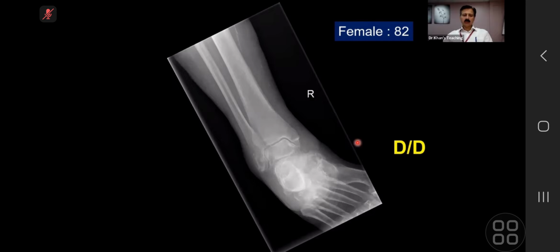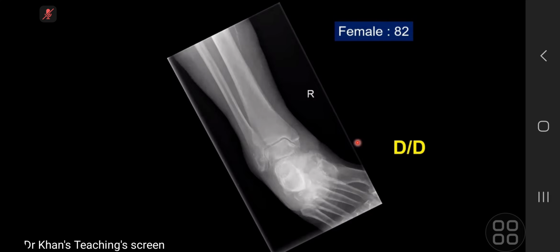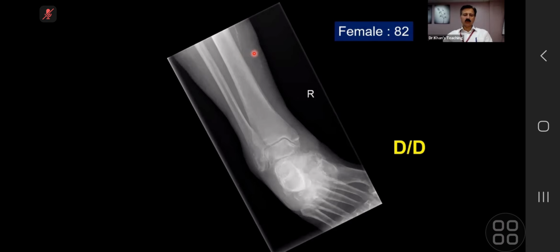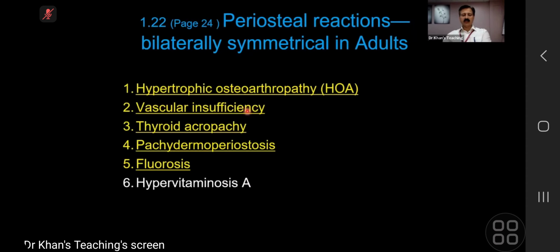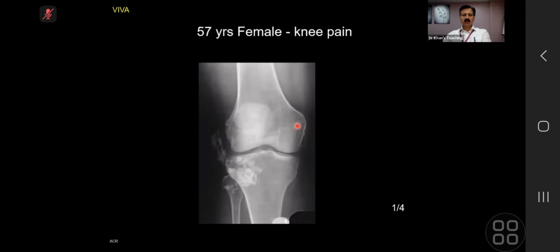So conclusion? It will be related to venous insufficiency. Excellent. If you see here, this is a very dilated or thick type of vein which has got calcification, and this case was because of venous insufficiency. So this comes in this second category, vascular insufficiency.